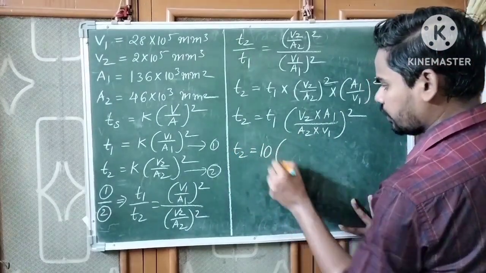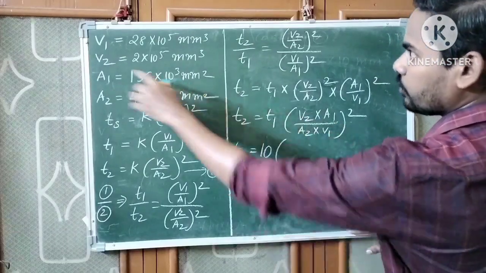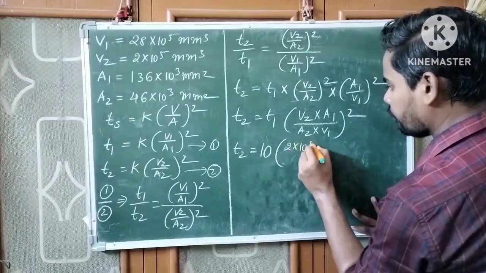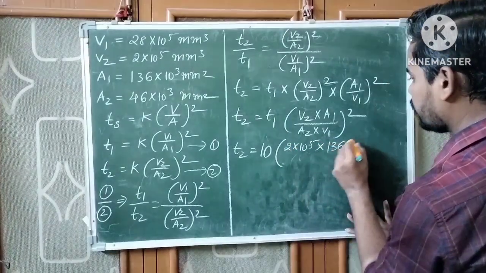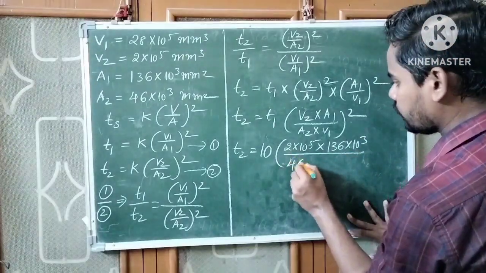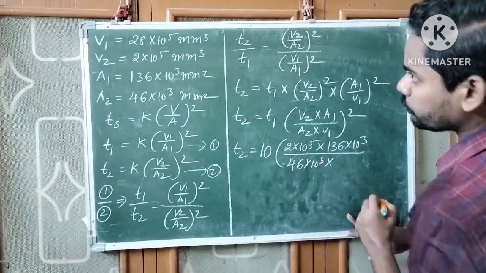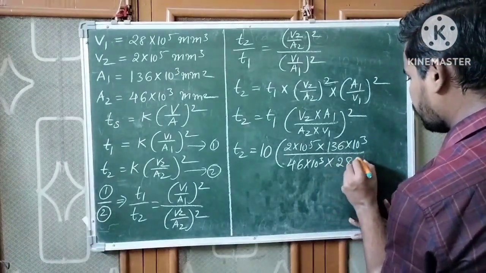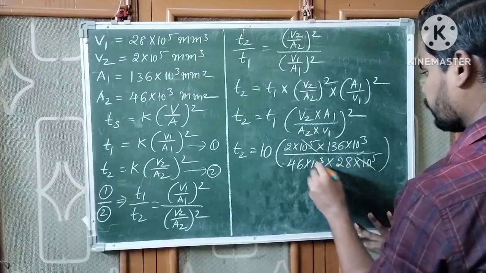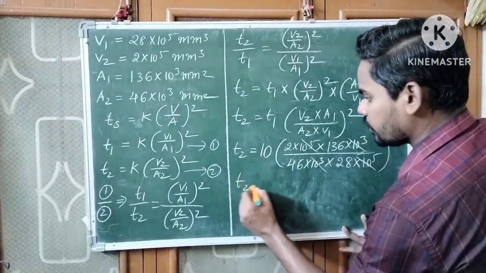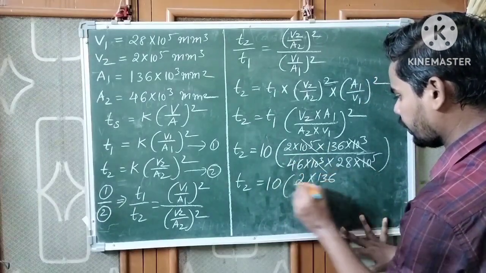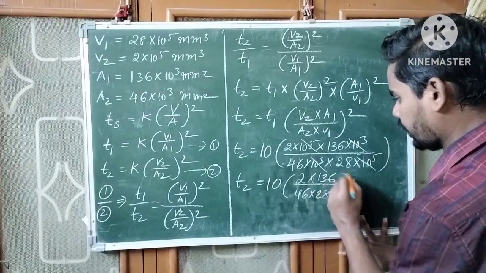T1 is given as 10 minutes. Now substitute the values: V2 is 2 into 10 power 5, A1 is 136 into 10 cube, A2 is 46 into 10 cube, and V1 is 28 into 10 power 5. The 10 power 5 and 10 cube cancel. So T2 is equal to 10 into (2 into 136 by 46 into 28) whole square.